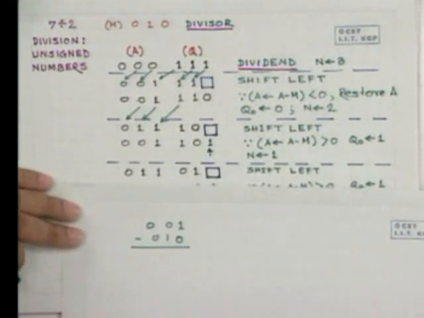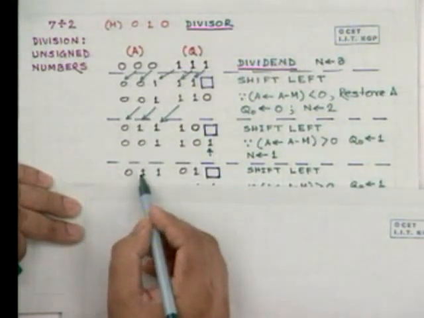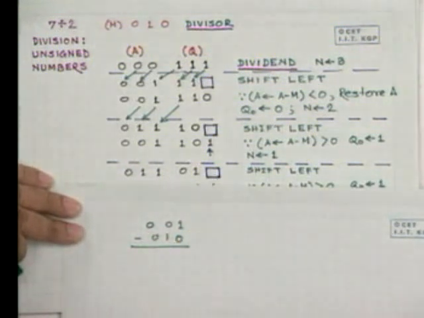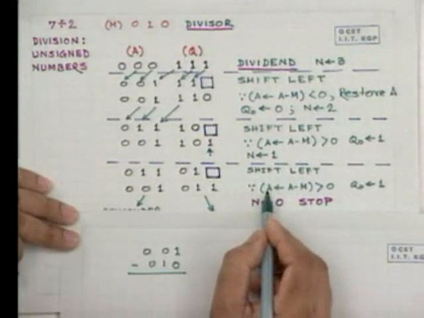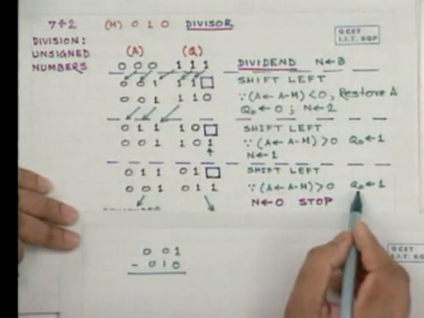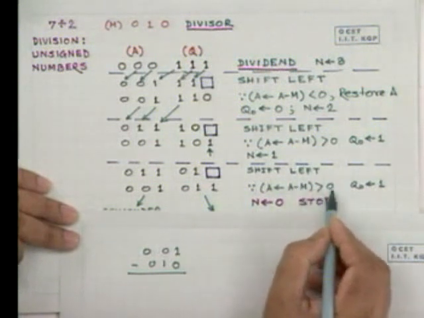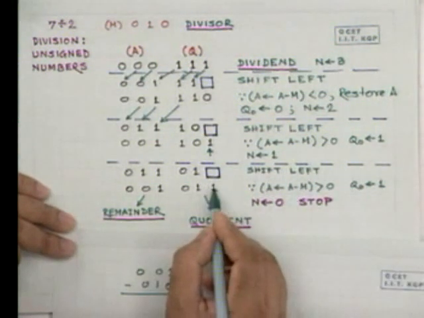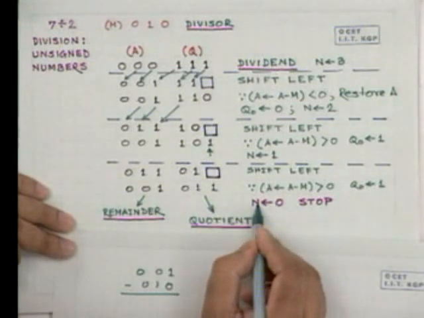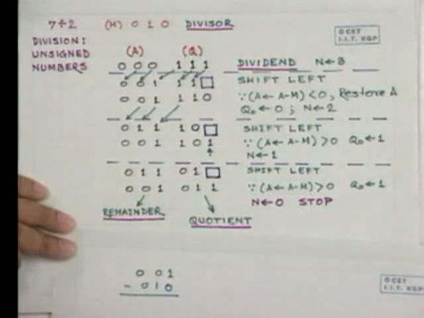Now we shift left once more, this A and Q register, this bit is to be decided. We subtract once more A minus M and see that Q0 equal to 1, since the result is greater than 0, that means the subtraction is successful. Therefore, we put Q0 to 1, A now is reduced to 0, which means we stop the operation now.